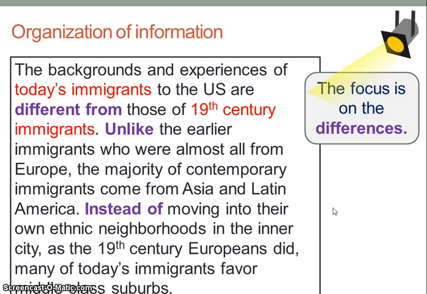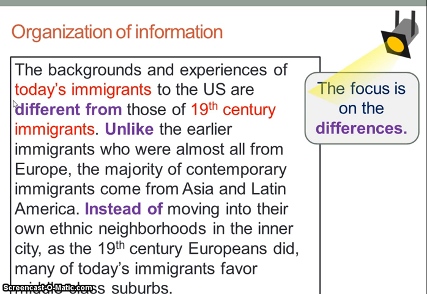So when we look at another text, we want to see something and see how it compares. The backgrounds and experiences of today's immigrants to the U.S. are different from those of the 19th century immigrants. So right away we see different from.